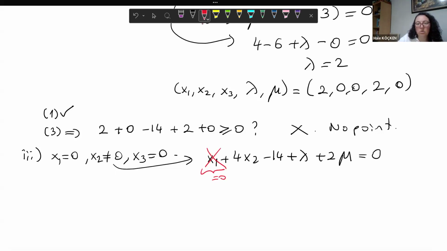It drops because it is 0. So you get this one. Okay, then. There is no other.